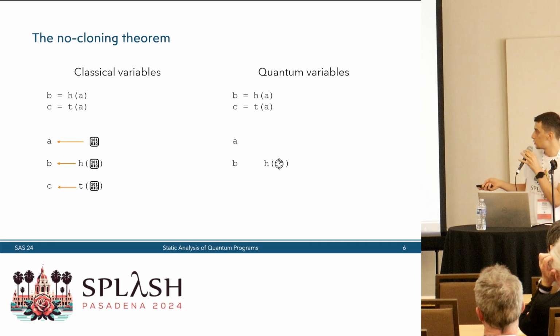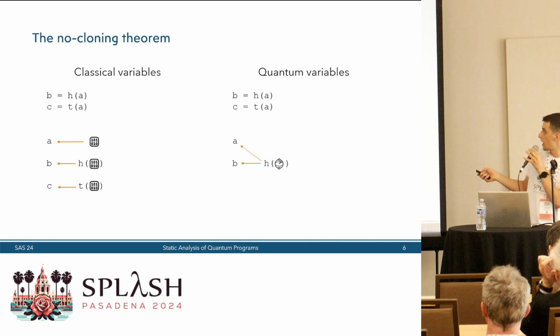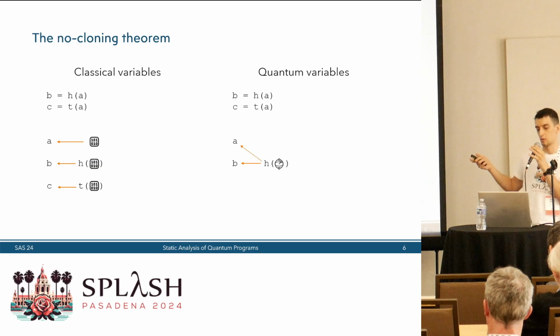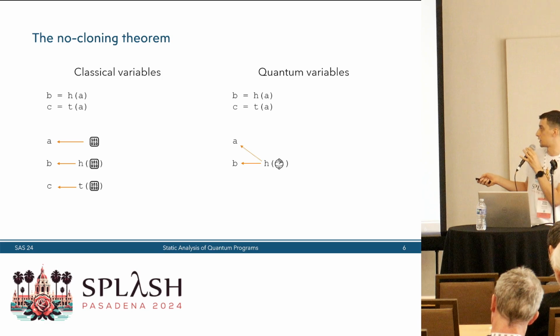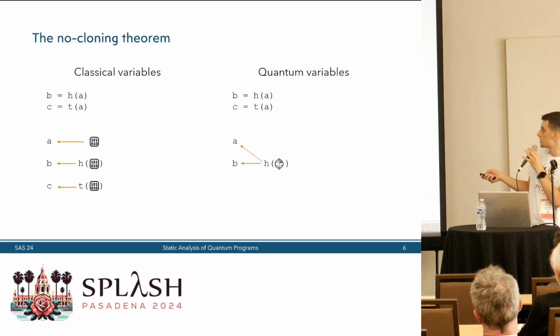So to compute the program, we need to apply this function, which could be some quantum function, directly on the particle that is represented by a, because we cannot copy it. So in this case, after we compute b equal to h of a, we have basically changed also the variable a.